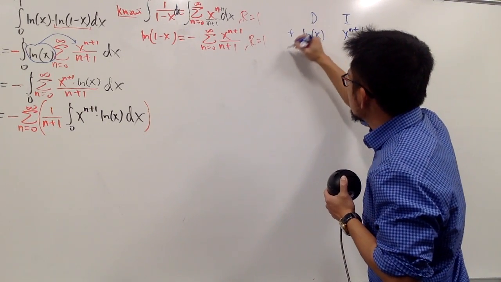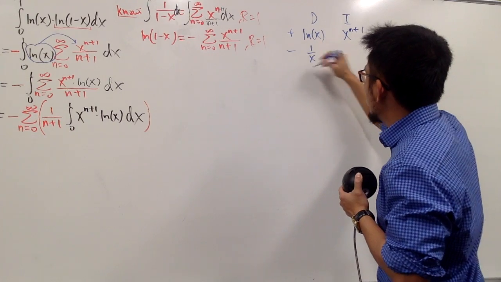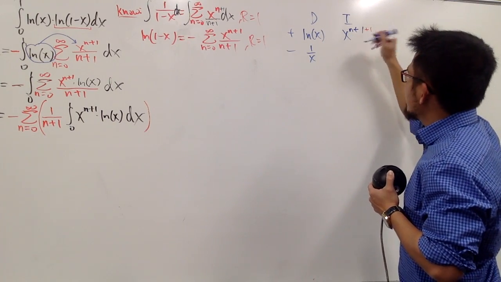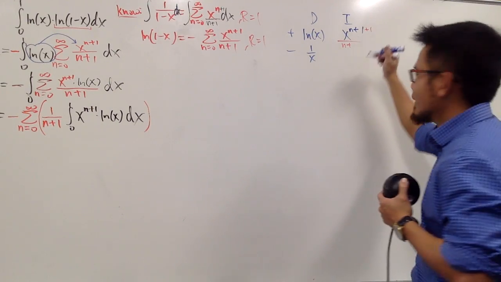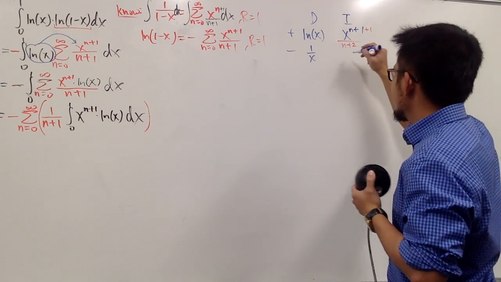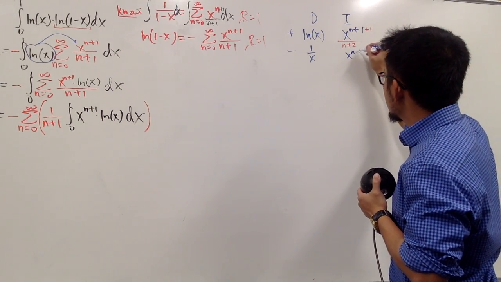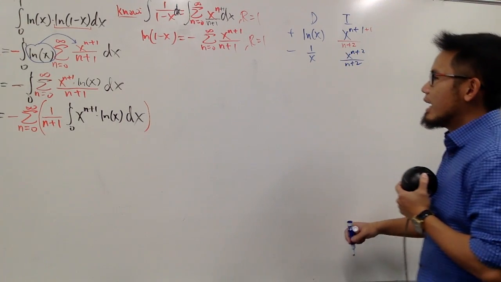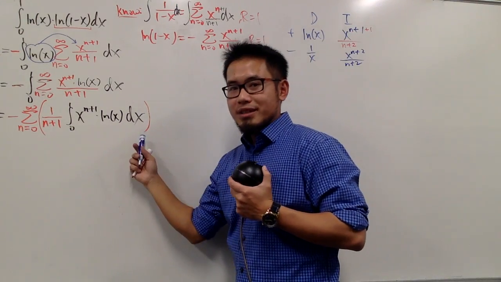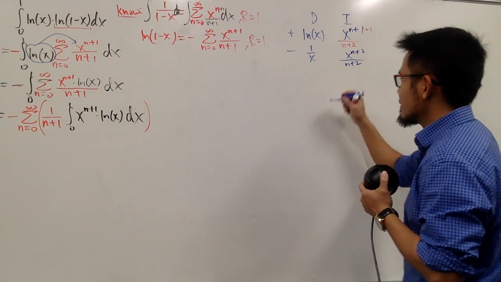And then don't forget the plus, minus, and differentiate this guy, we get 1 over x. Integrating this guy, we add 1, and then divided by the new power, so that's n plus 1 plus 1, which is 2, of course. So that's always fun to do. x to the n plus 2 power over n plus 2, okay? And I'm just going to work out this integral for you guys on the right-hand side right here, okay?